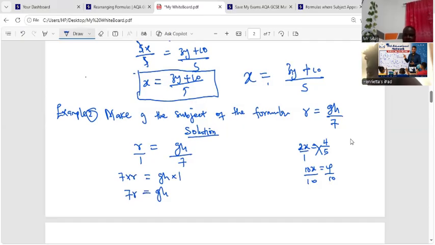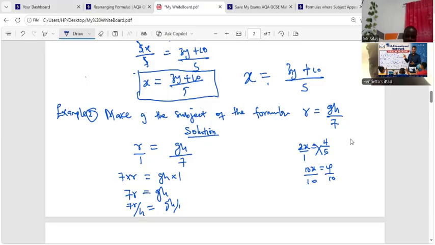Remember what we are making the subject is g. So what do we do to make g alone? We have to divide both sides by the coefficient of g. The coefficient of g here is the letter multiplying g, and that's h. So you divide both sides by h.